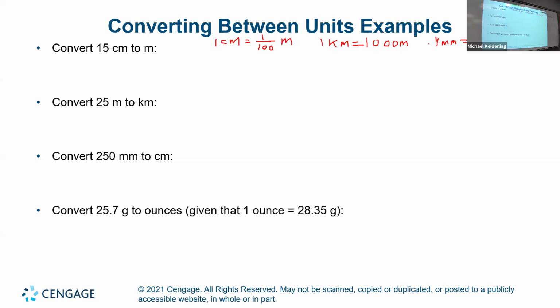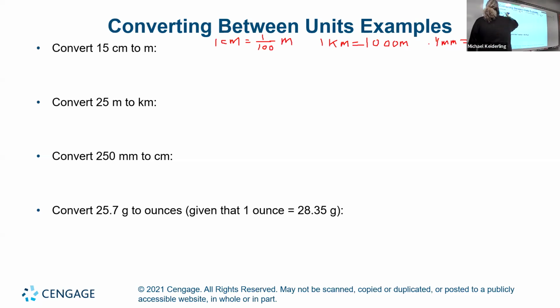So we want to convert 15 centimeters to meters. Oh, did I not? I could have sworn I worked these out. Oh, well, I'll just write about them. I'm sorry I didn't include the work done on the slides, but I'll just work this out. We have 15 centimeters. We know that 1 centimeter is 100th of a meter.